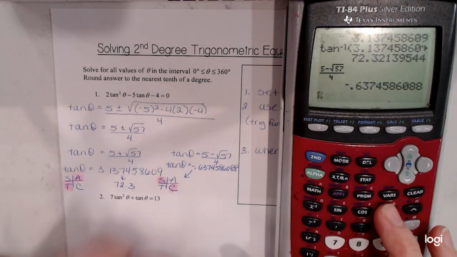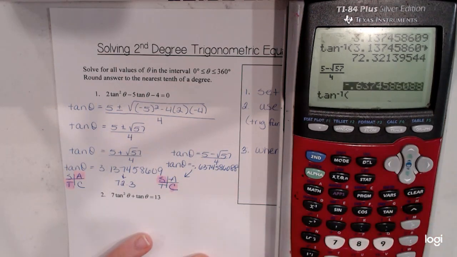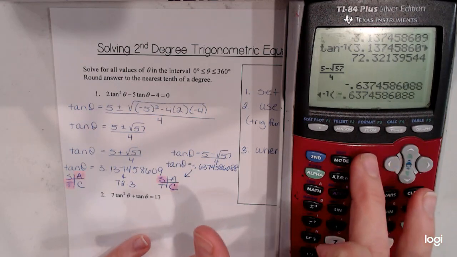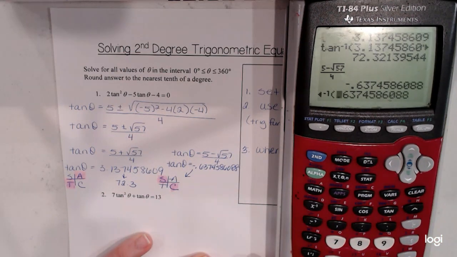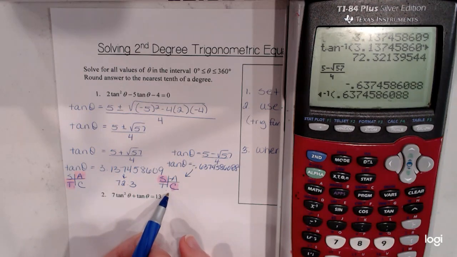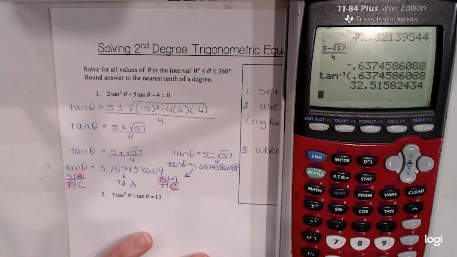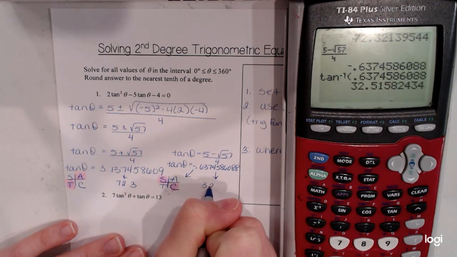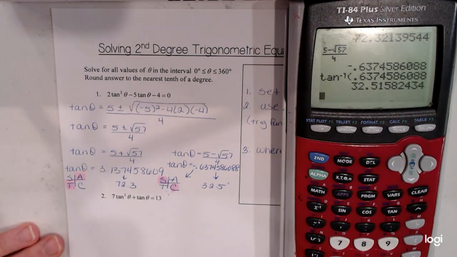Now be careful when you do inverse tangent here. I'm going to copy this number, but I need to come all the way back and delete that negative sign. That negative sign was already used up in telling us the where, okay? Can't double dip and use it again for this. So the what is 32.5 degrees.